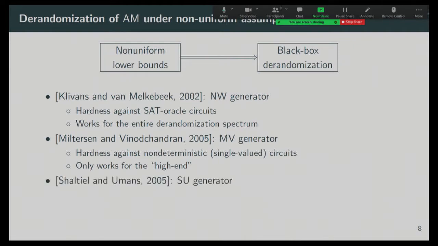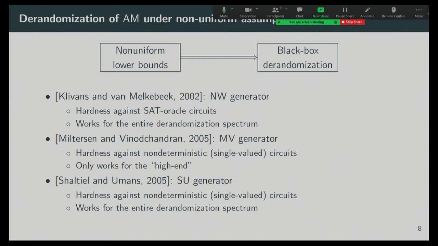And then finally, there's this result by Shaltiel and Umans, who developed this SU generator that, again, only requires hardness against non-deterministic circuits and works for the entire de-randomization spectrum. So it essentially provides an optimal trade-off here, as long as we don't consider any polynomial factors.